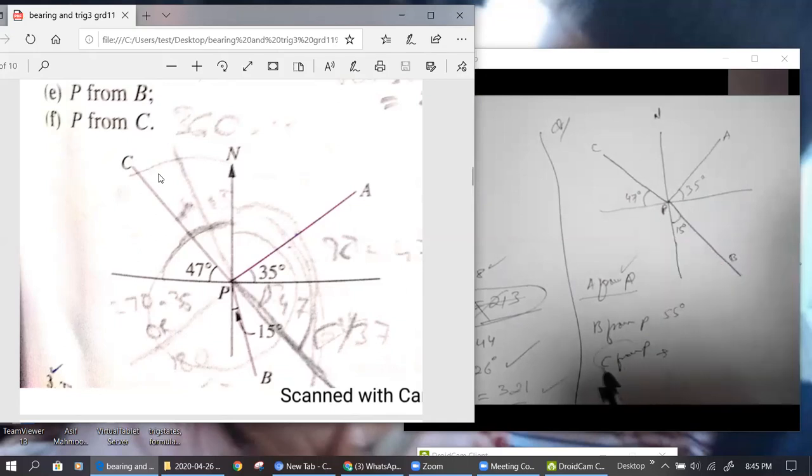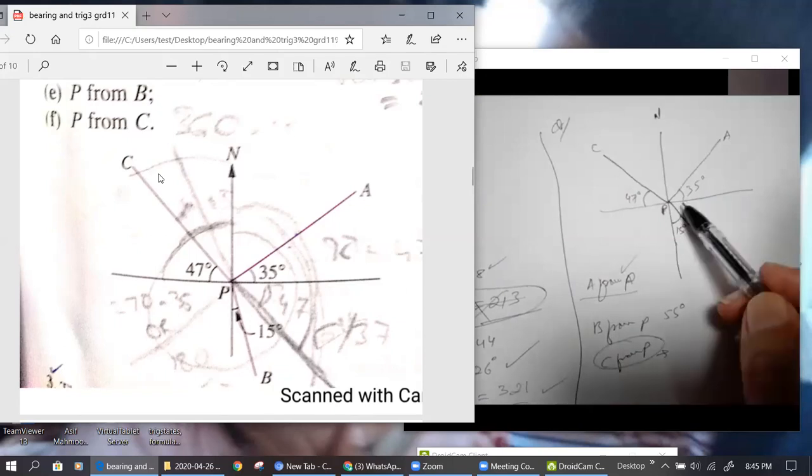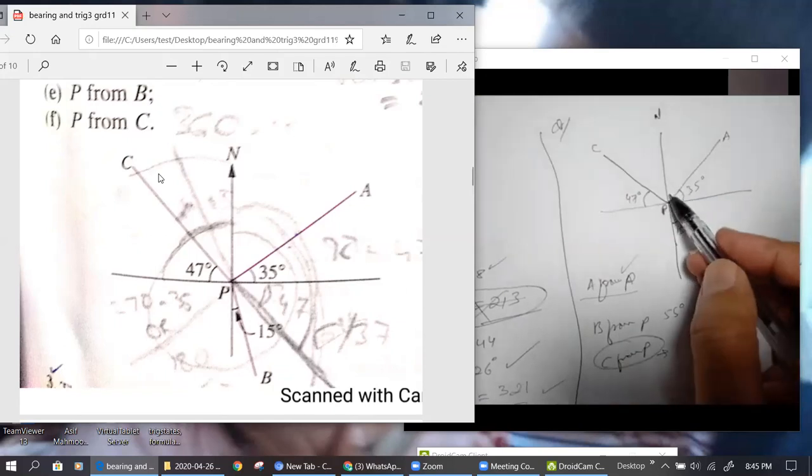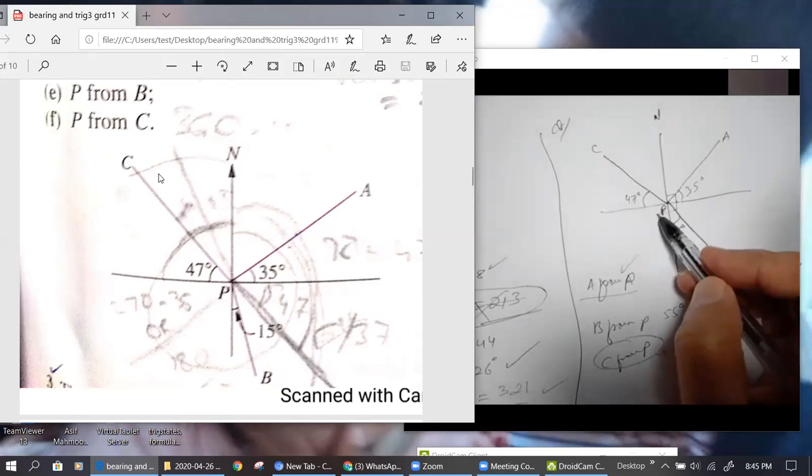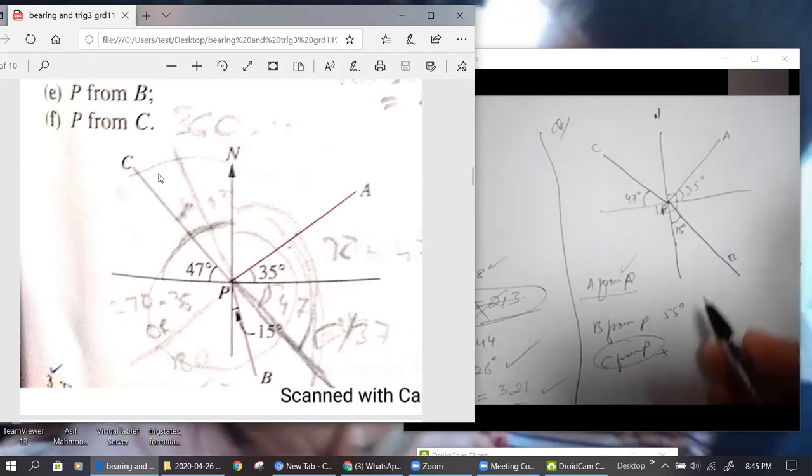So it's 317. This is 90, 180, 270. 270 plus 47. How much is 270 plus 47? 317. You are a genius. Okay. Next thing.